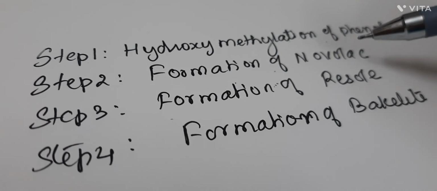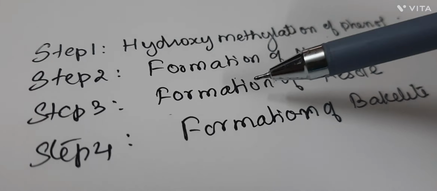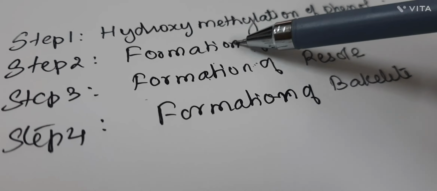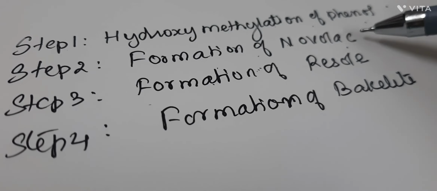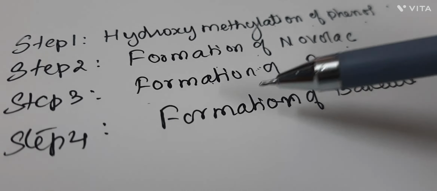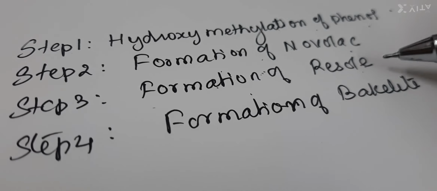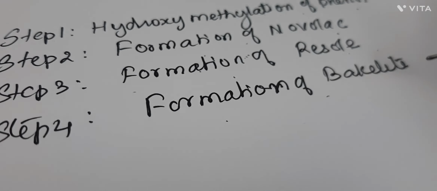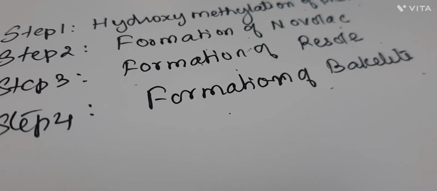Then second step is the formation of novolac. Alright, then third step will be formation of resol. Then this novolac and resol combine at a high temperature and pressure so that bakelite is formed. So the final step will be the formation of bakelite.